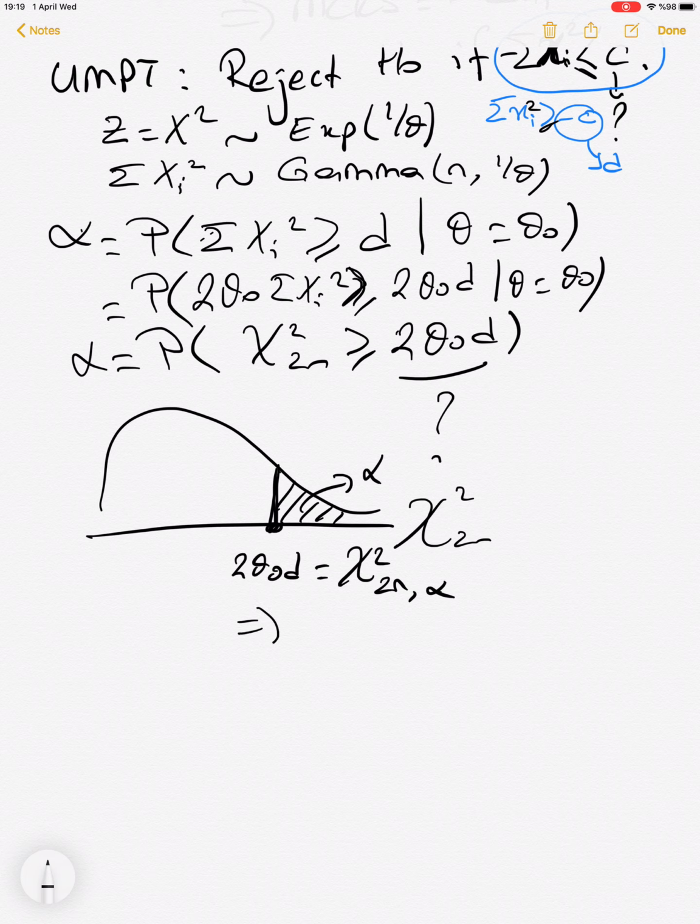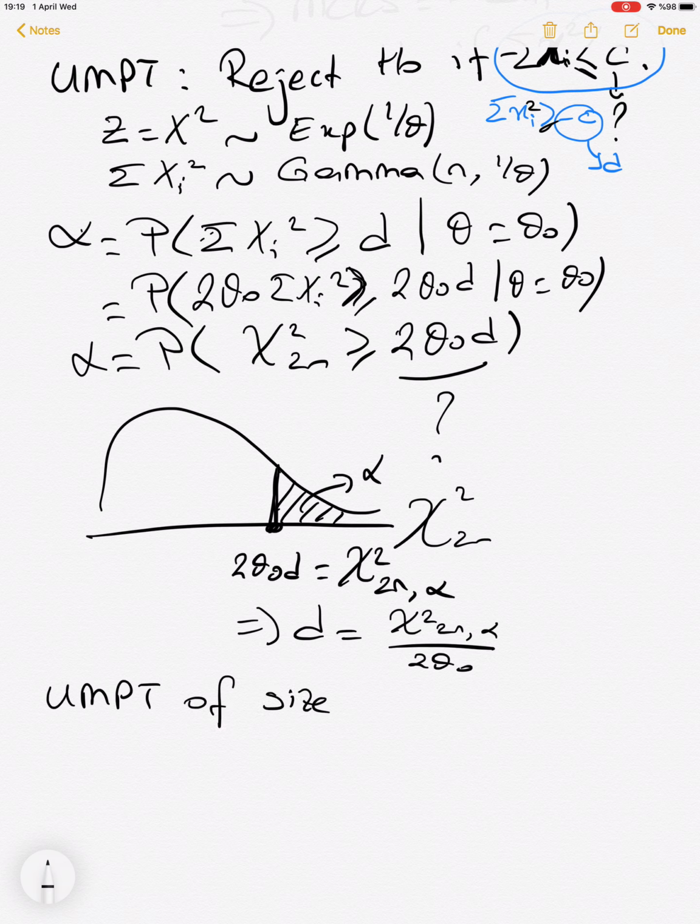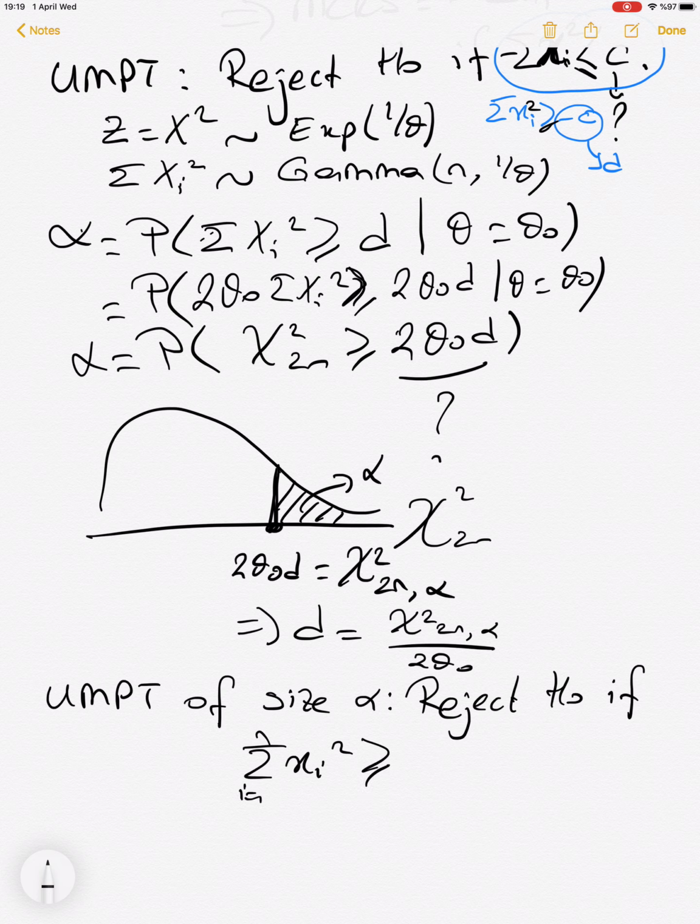So this means that d is chi-square 2n alpha over 2 theta 0, right? Then our uniformly most powerful test of size alpha is reject H0 if summation xi square greater than or equal to d, which is chi square 2n alpha over 2 theta 0.